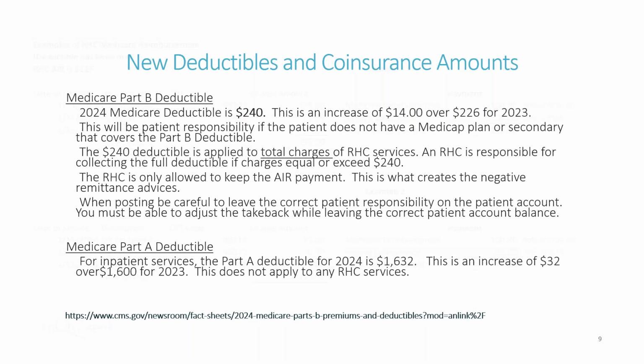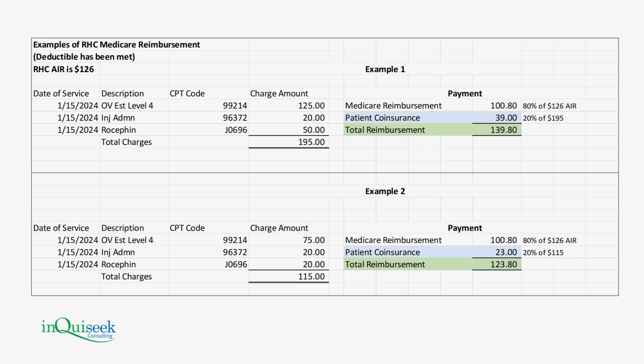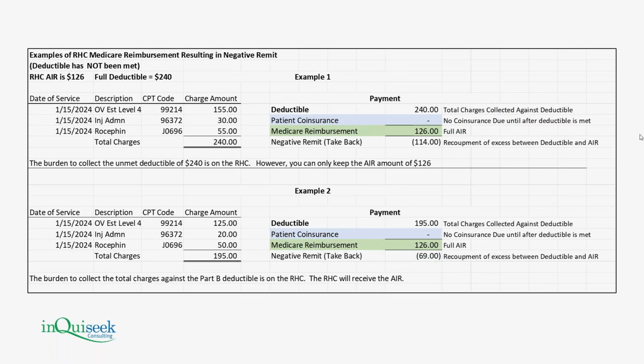Okay, so moving along, we're going to look at some actual examples, and these are also in the slides that you have gotten. So let's look. We have an example at the top. We have total charges of $240.